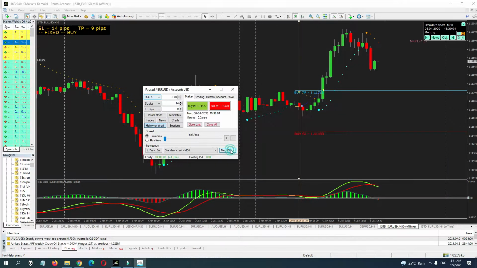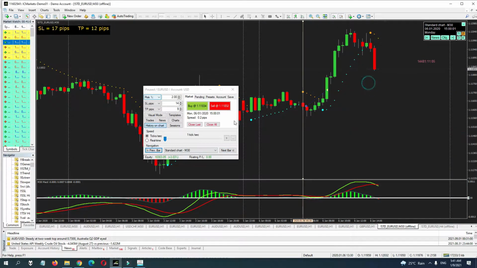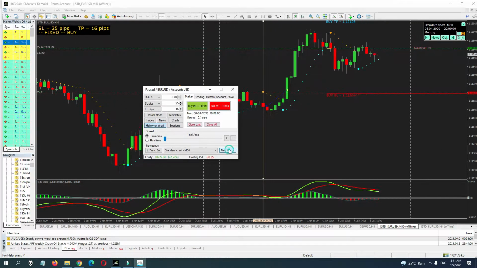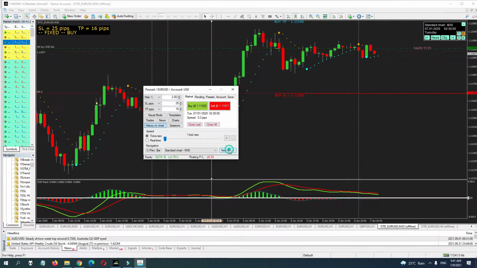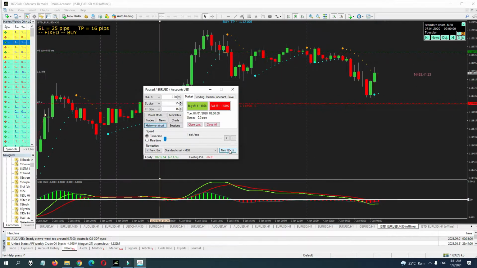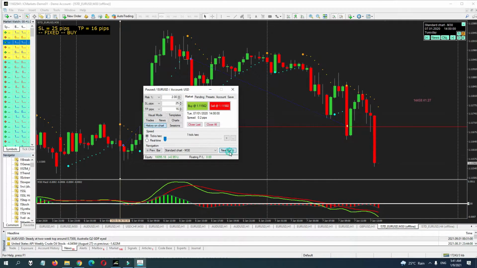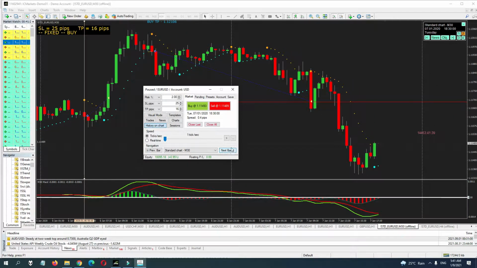Both above the zero line, so we buy here. Okay, got stopped out, so we're still in profit. And we have a sell here.